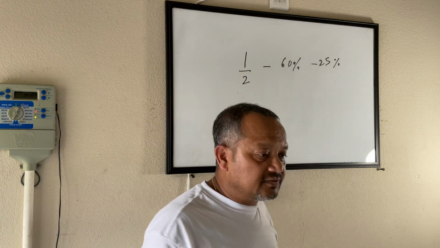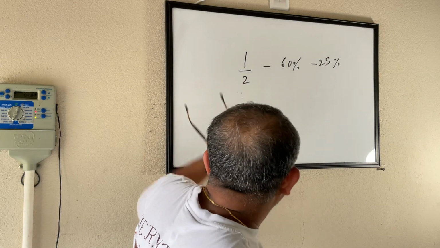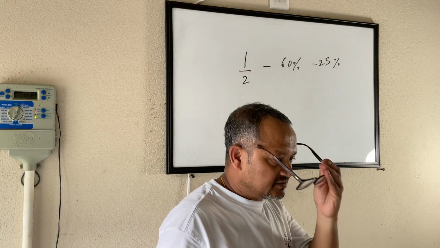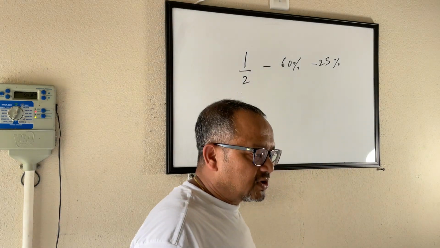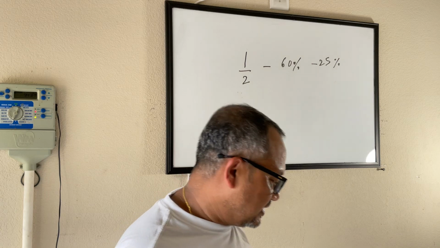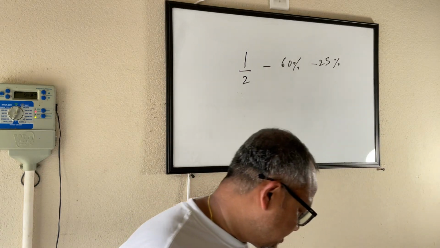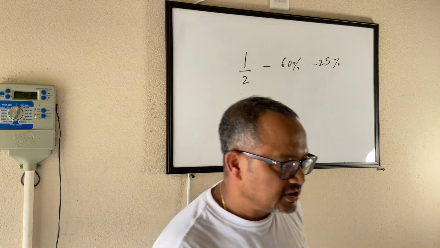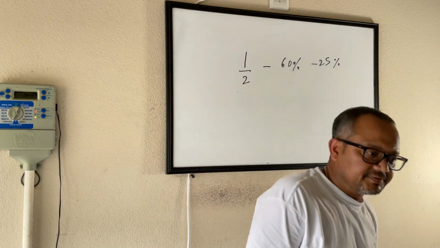Solve it to the simplest form. Half minus 60% minus 25%. Let's see how you guys are solving it and where we are finding an opportunity to explore something new.